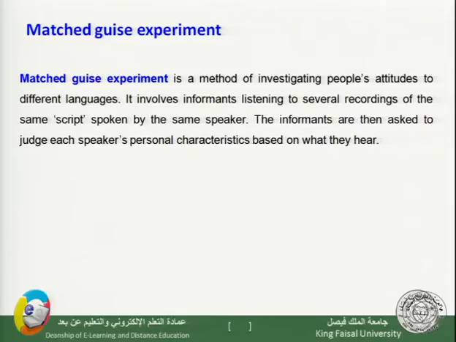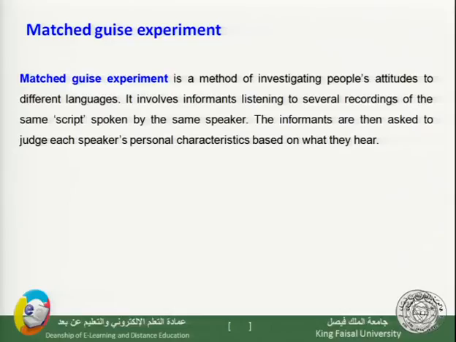So if you listen to a lecture by a teacher who is from the southern part of the United States, you will give a specific judgment about this person, for example, that he is not trustworthy, that he is a criminal. Why? Simply because he speaks that particular accent, the southern state accent, or the Birmingham accent, or the New York accent.